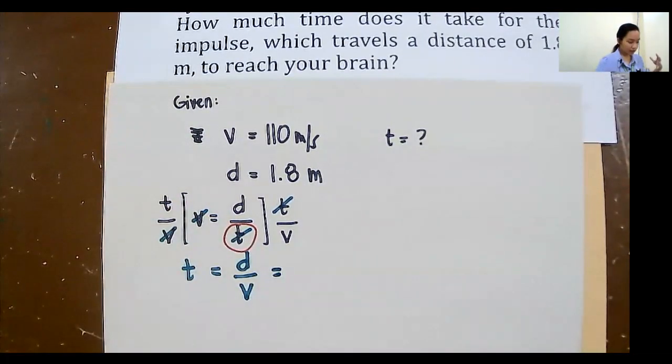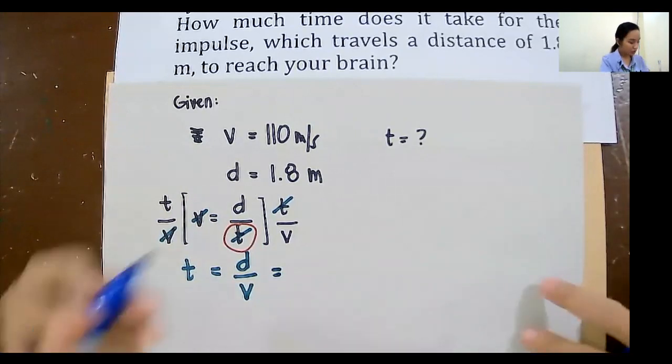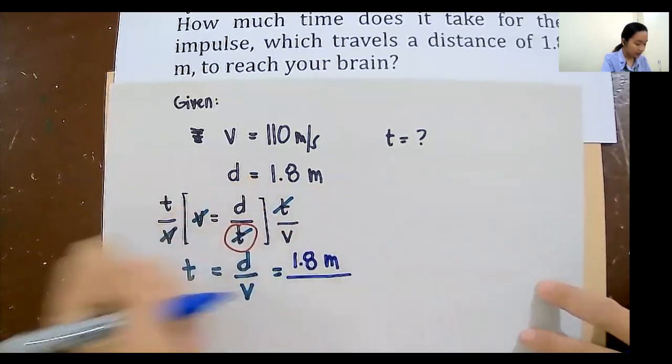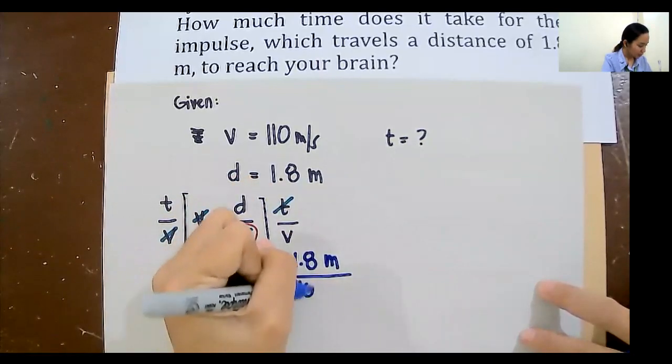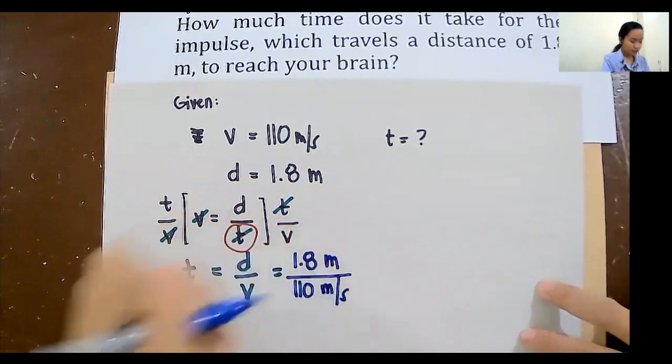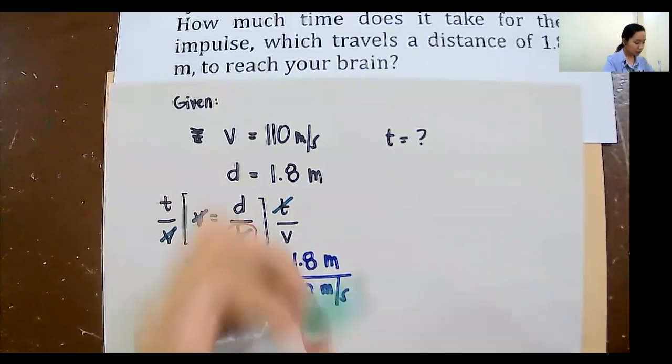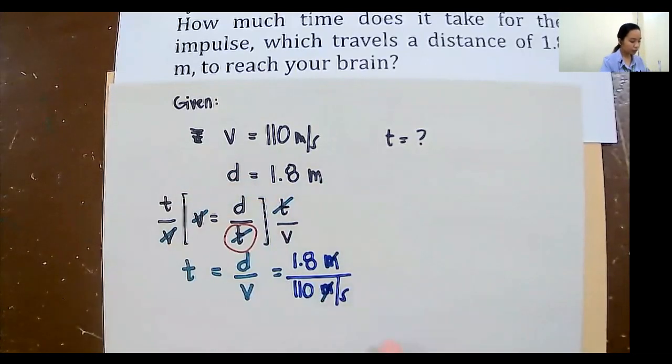The next thing to do is to plug in the given values: 1.8 meters divided by 110 meters per second. The unit meter cancels out, since we have meter on top and meter on the bottom. What will be left is the unit for time, which is seconds.